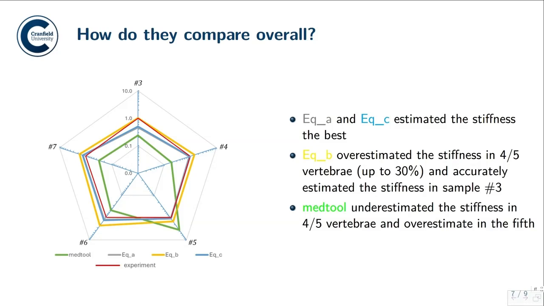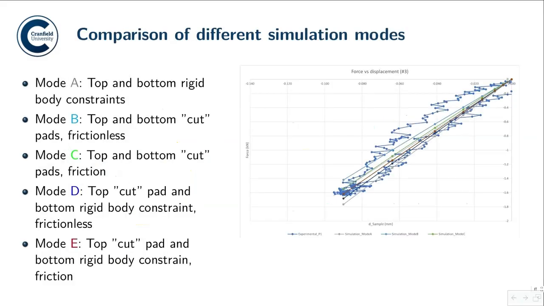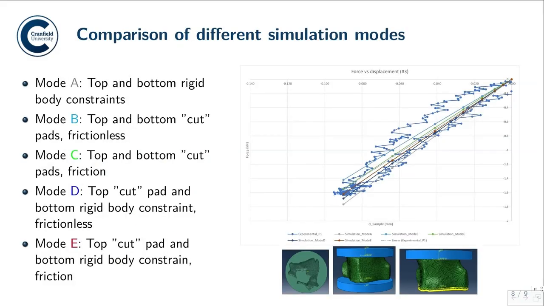As you can see, we used different types of boundary conditions to see if that was going to change the results in any way.